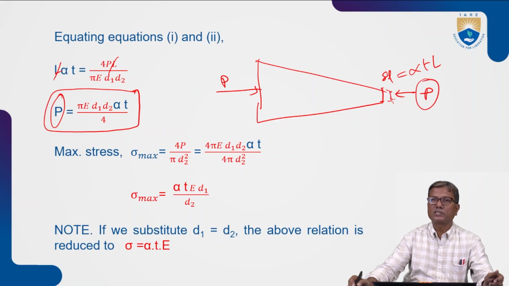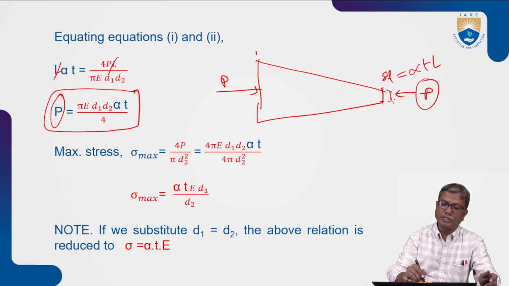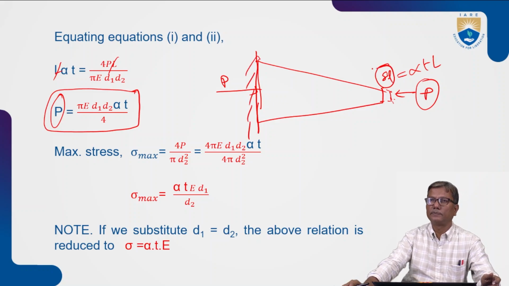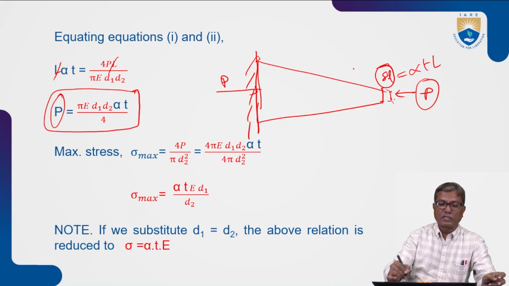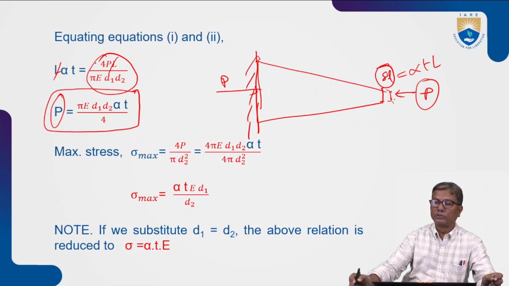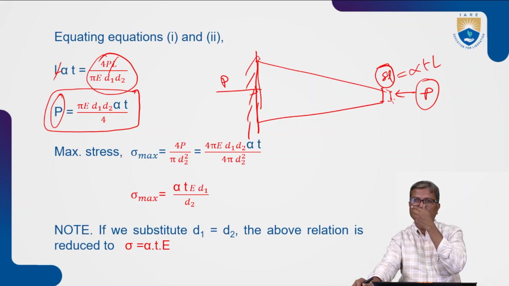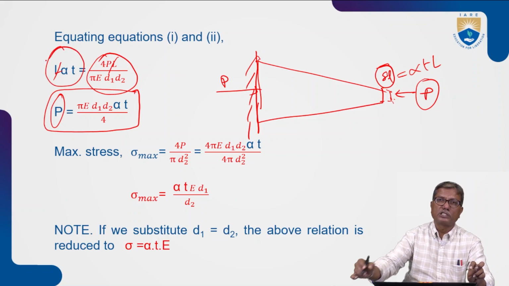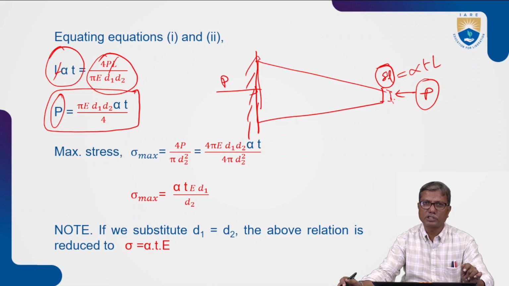As the support is present, it will not allow it to expand, which is similar to applying a force P at one end, which causes a contraction of delta L. So the contraction due to compressive force P is given by this, and expansion caused by temperature. So these two must be equal.